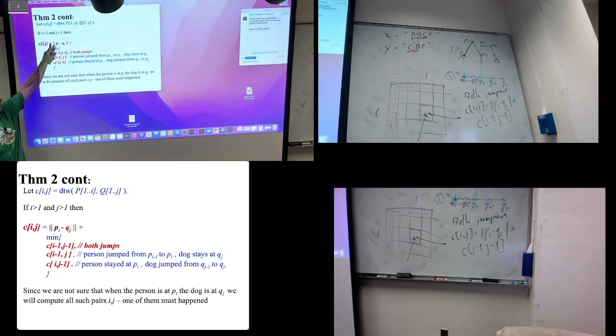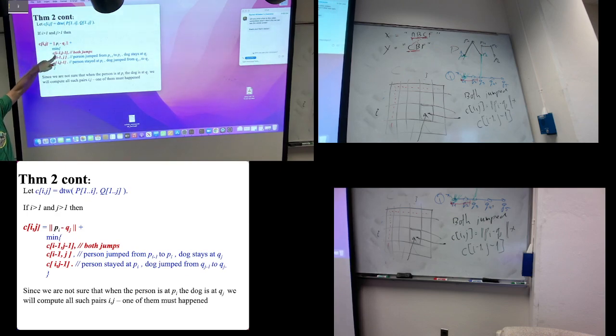So Cij is definitely, I need to pay the leash, the length of the leash between Pi and Qj. No matter what, if they ended at Pi and Qj, then I need to pay the length of the leash between them right now. But what do I need to add to it?